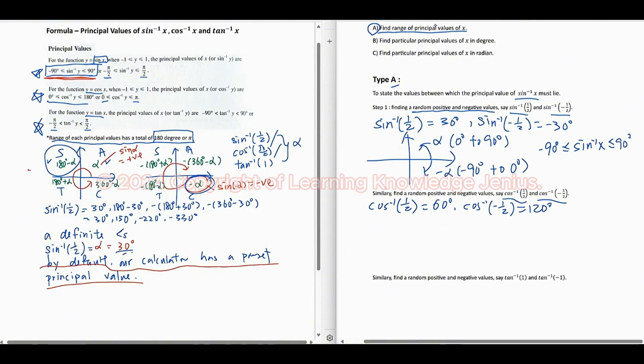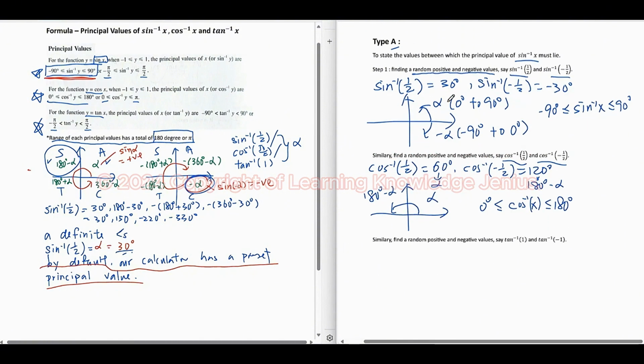So you can see that this 60 degree is alpha, like I say. This one is actually the second quadrant. So from here, both are positive answers. So it's alpha, and the other one is 180 minus alpha. So from here, you can tell that the range will be between 0 degree to 180. This is just a trick that you can use in your exam to derive the principal value range.